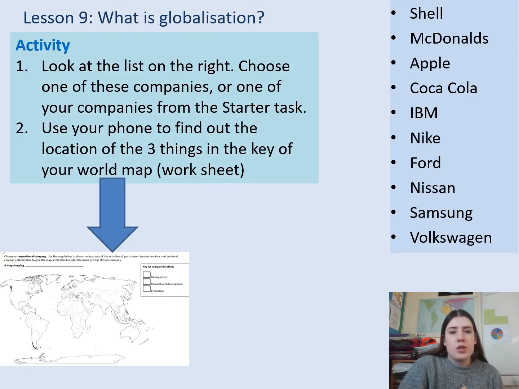Now you're going to look at the list on the right, and you're going to choose one of the companies, and you're going to use your phone or the internet and find out the location of 3 things. So this is using the worksheet that's also attached to the assignment.